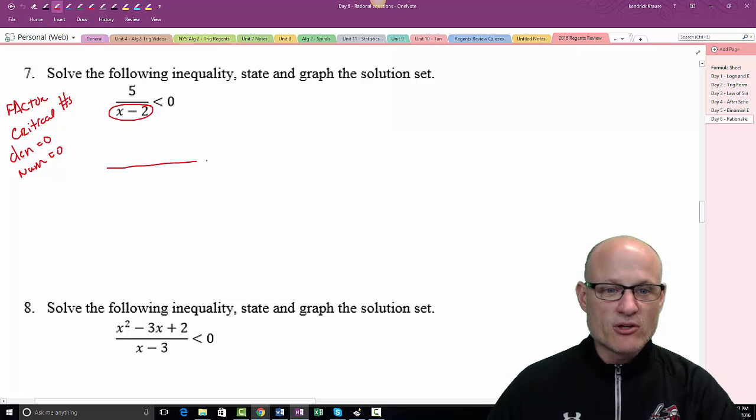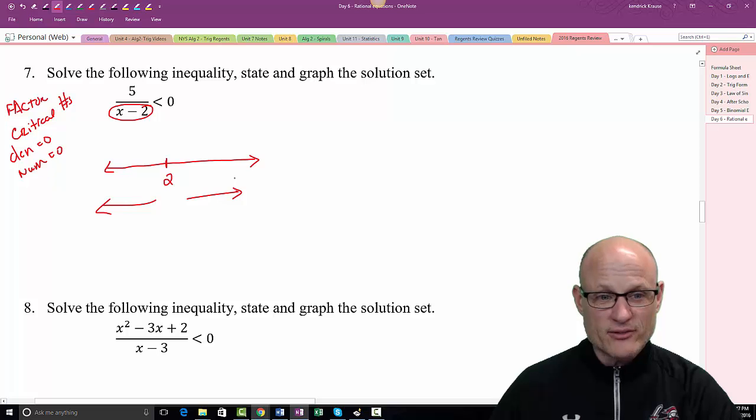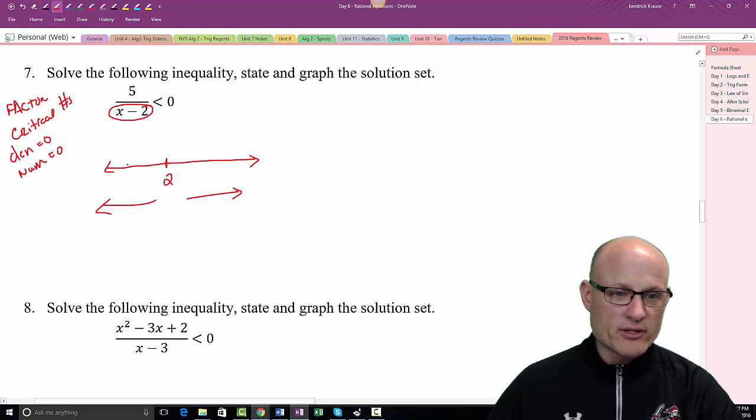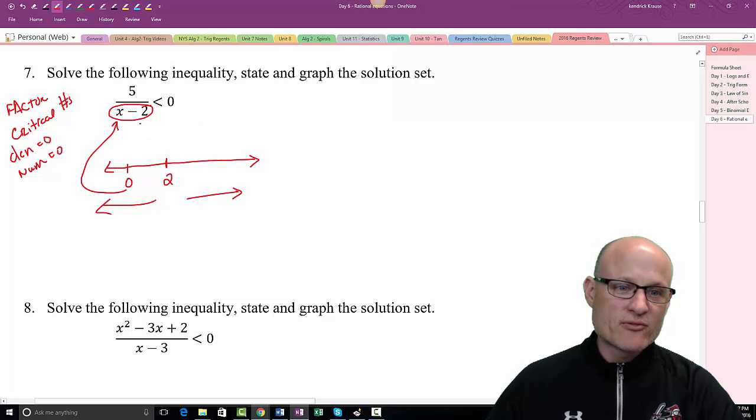So what happens is I draw a little number line, and I say, okay, positive 2 is my cutoff. So I want to check this side, and I want to check this side, because one of those sides is the right answer. So I'll pick a number from over here, 0, and plug it in. So what I get is 5 over 0 minus 2.